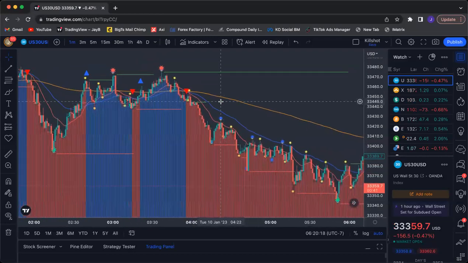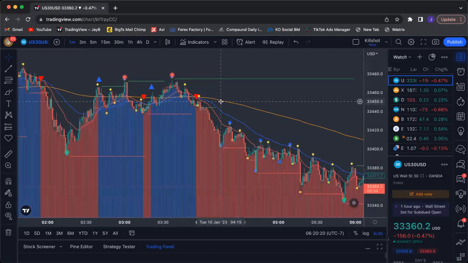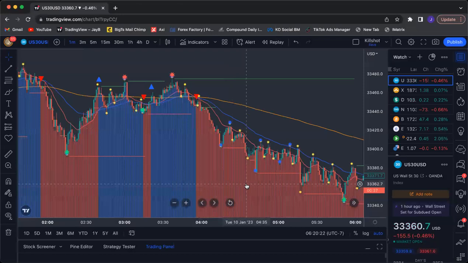Now, I'm going to talk specifically here about breakouts. And this is something that I traded lots of on my path to here.